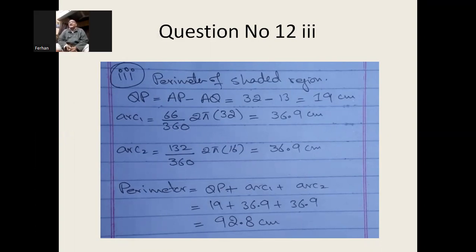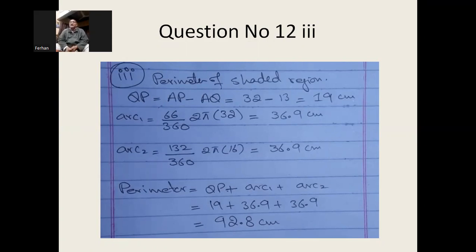Then I will find arc 1, the big arc whose center is at A, its radius is 32, and the angle subtended at the center A by this arc is 66. The formula for the arc is theta divided by 360 times 2 pi r. So 66 divided by 360 multiplied by 2 multiplied by pi multiplied by 32 will give you 36.9 centimeter.